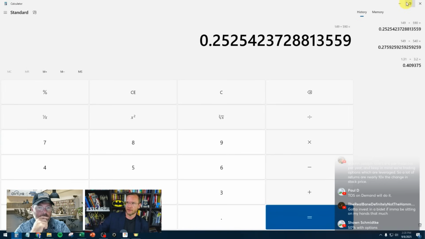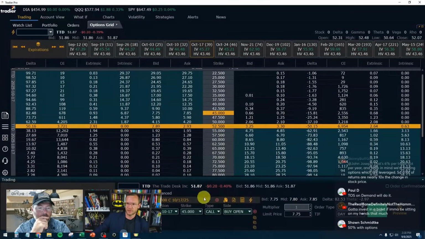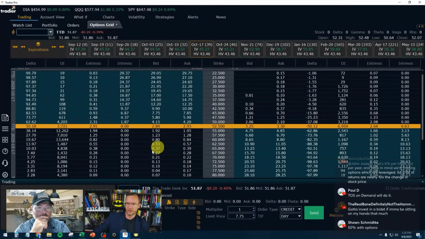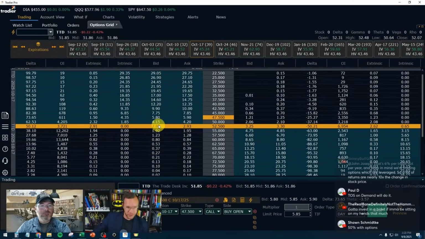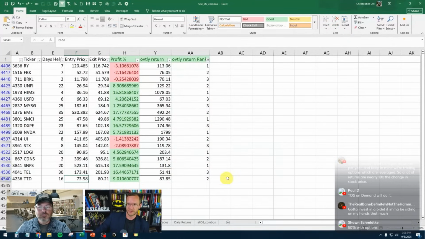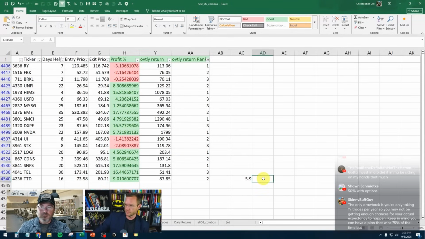Now I have a method to my madness over here, mostly madness, but a slight bit of method. So let's say that I took this option, the 73 delta, and I paid $5.90 for it. Let's just assume we did. We can see that it went up from 73.58 to 80.21.